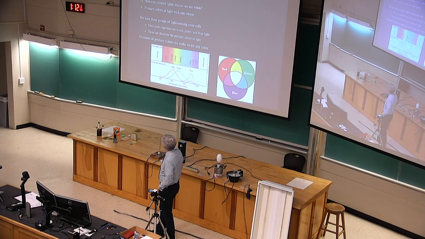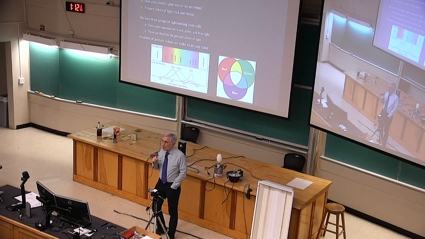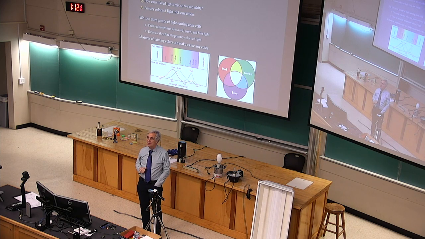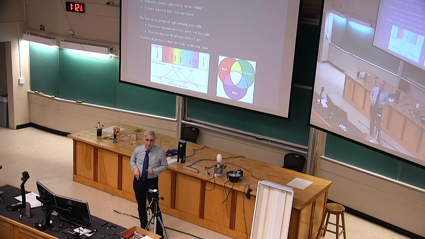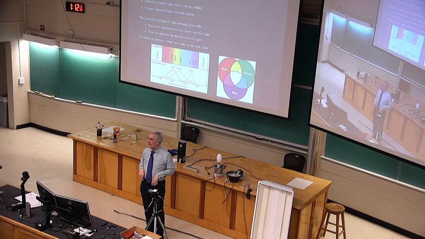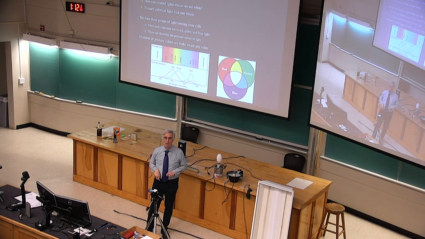Well, if you look at light that is a pure frequency somewhere out here at the extreme end of the reds, the only cone cells in your eye that will respond are the red sensitive ones. Your brain will interpret this as deep red light. It's not triggering the green or blue sensitive cone cells at all.